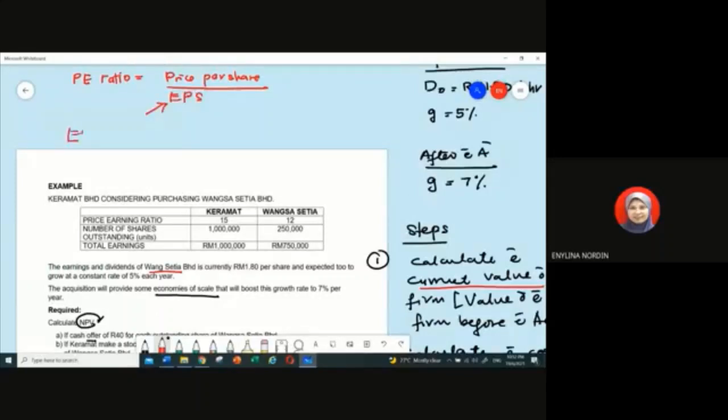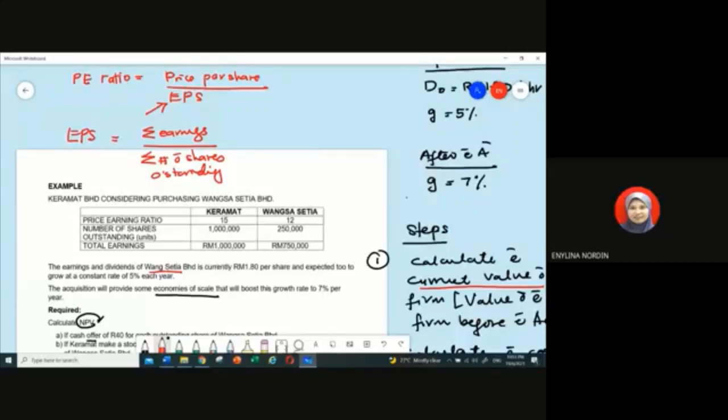Earnings per share equals the total earnings of the company divided by the total number of shares outstanding in that company. Since we are calculating the current value of Wangsa Setia, we are going to use Wangsa Setia's data.